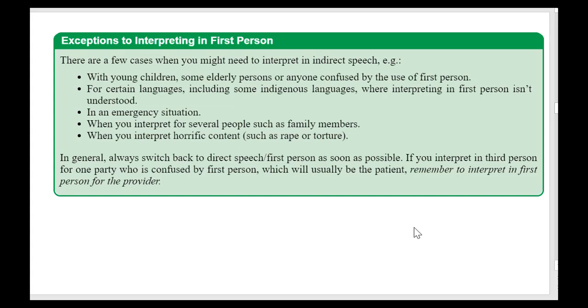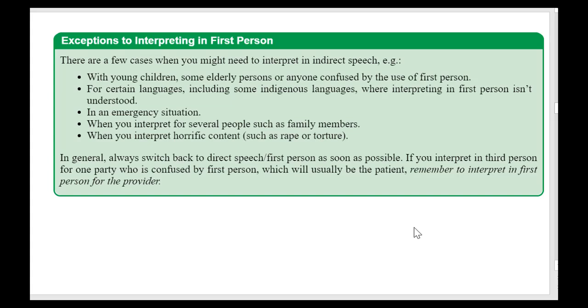In that case, it might be okay to change from the first person to the third person to protect yourself in order to be able to continue interpreting in the most accurate way, which again, that is the point, right?